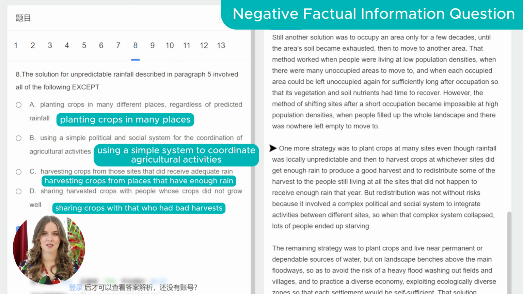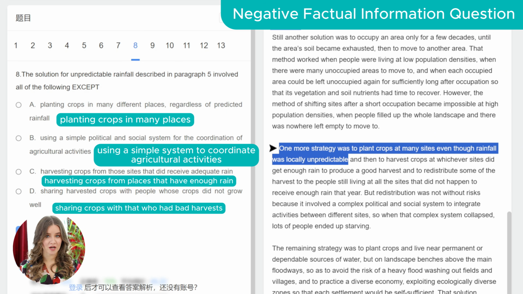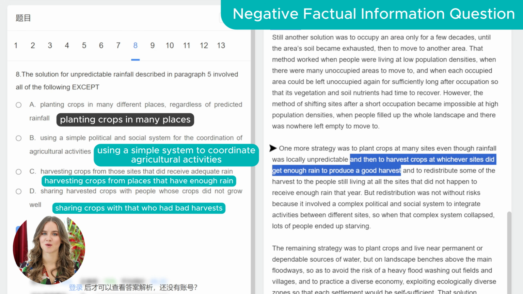As we read the text, we see that one more strategy was to plant crops at many sites even though rainfall was locally unpredictable. That matches option A, planting crops in many places. Eliminate it. And then to harvest crops at whichever sites did get enough rain to produce a good harvest.